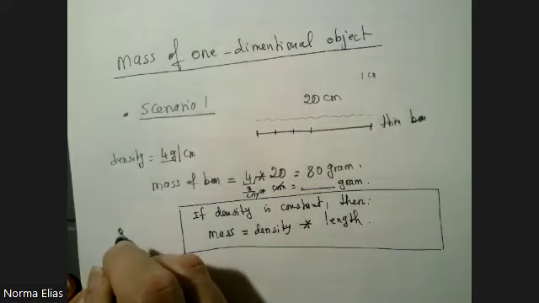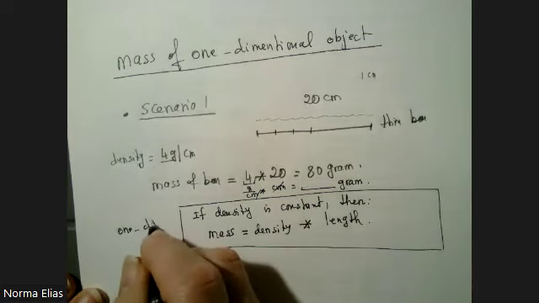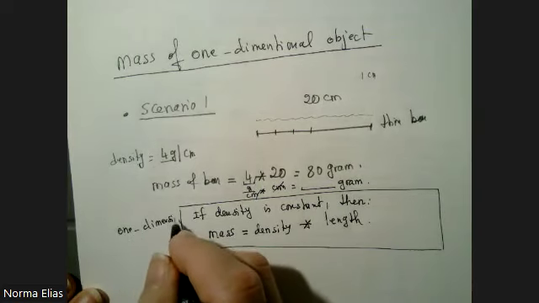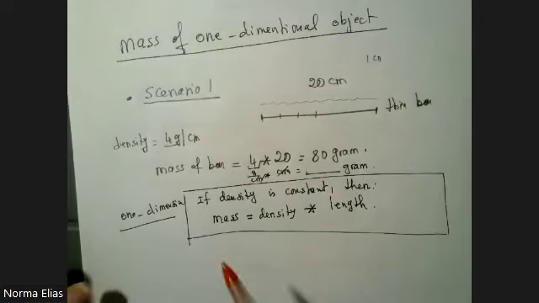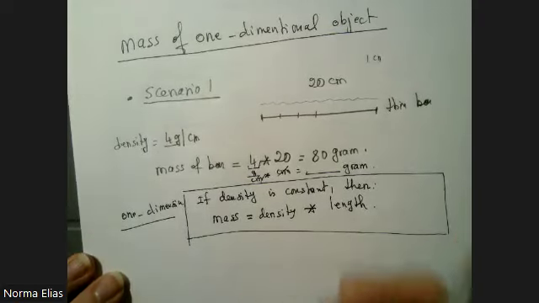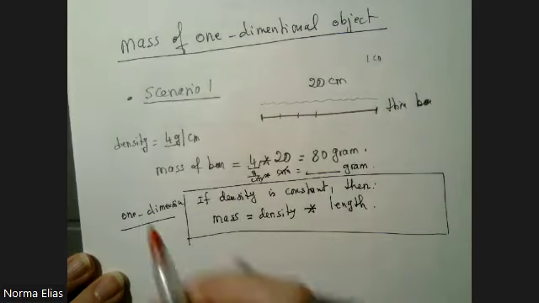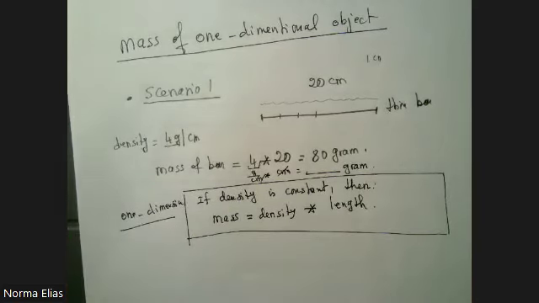That's, of course, in one dimension because I'm talking about length. The mass is always the density of the bar, whatever I gave you, multiplied by the length. That's what the density is about.